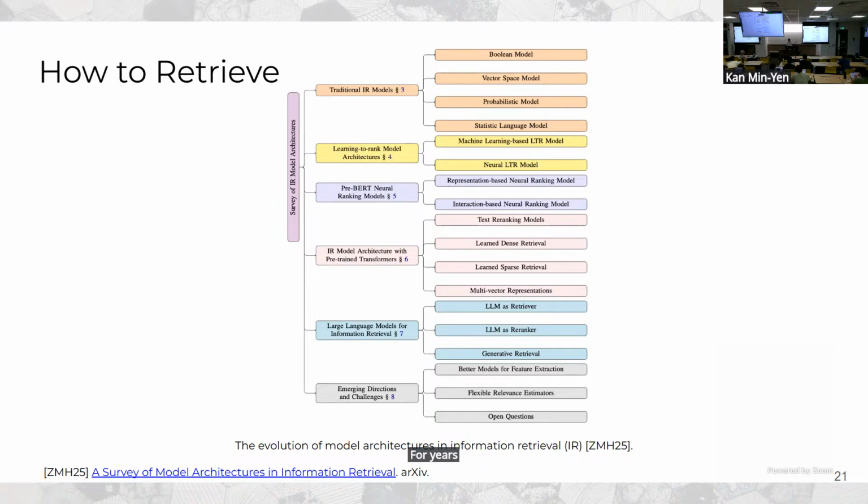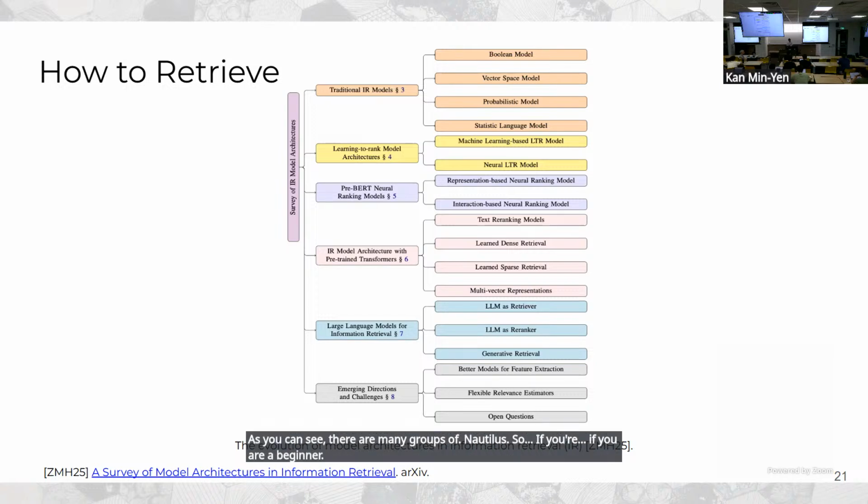Of course, there has been an evolution of model architectures, and as you can see, there are many groups of models. If you are a beginner in information retrieval, you may get lost.